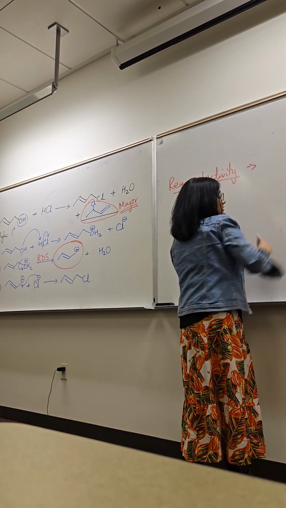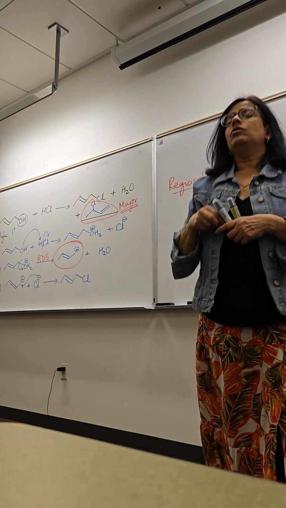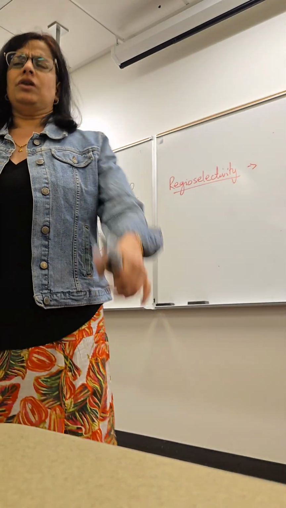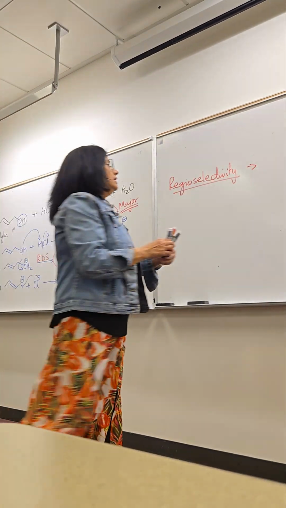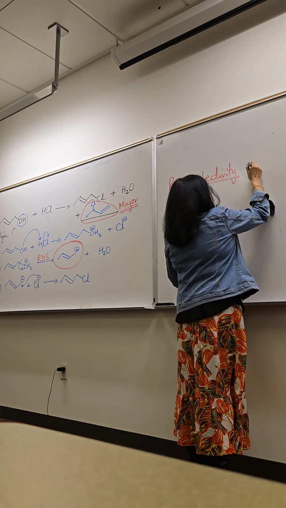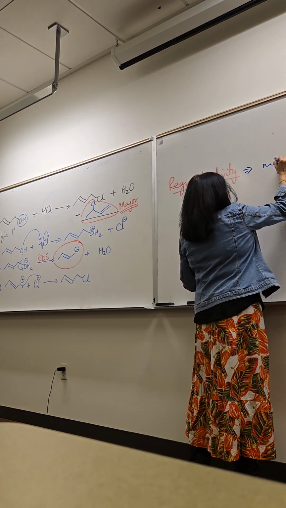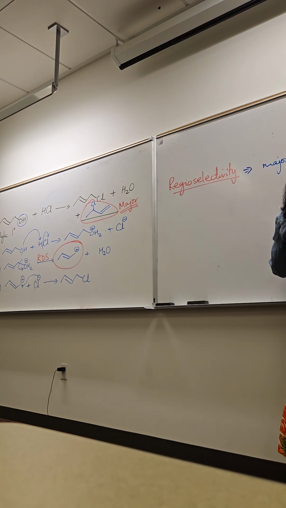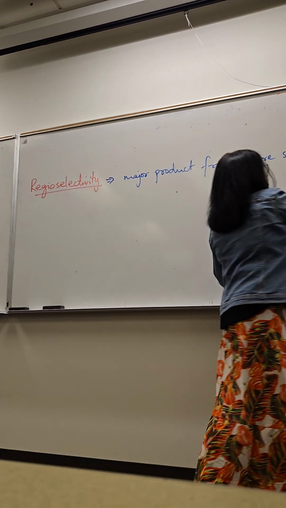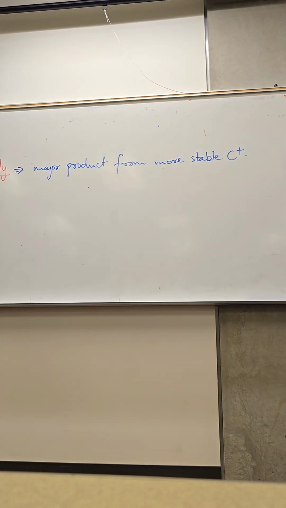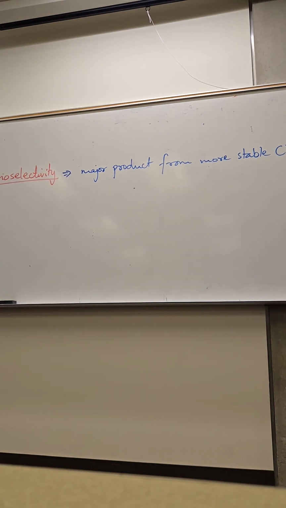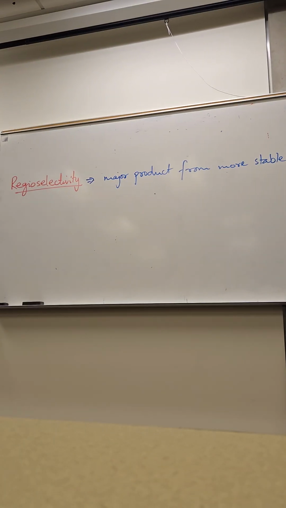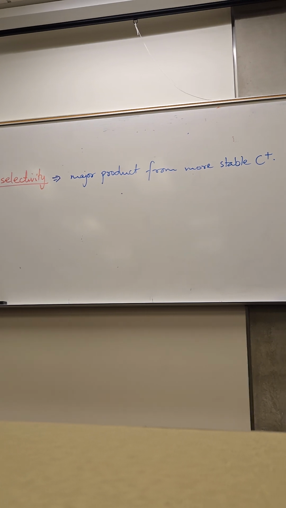The major product comes from the more stable carbocation, just like the radical, where the major product came from the more stable radical. You guys with me? This is for SN1. Of course, in SN2, there's no such thing because there's no intermediate. The nucleophile goes exactly where the leaving group is supposed to be, so you don't have any choice there.